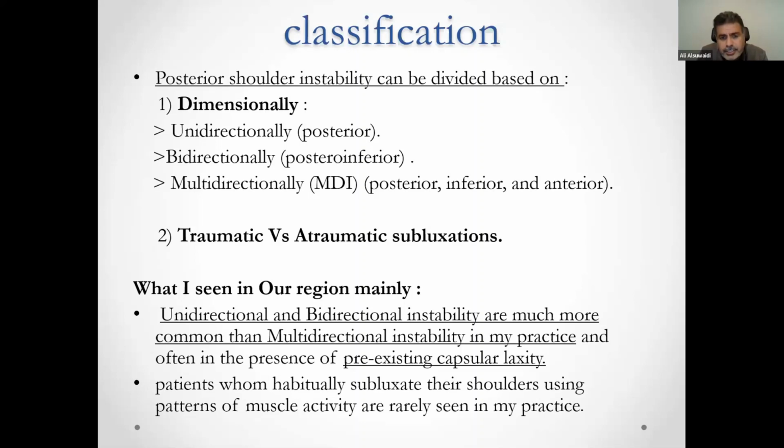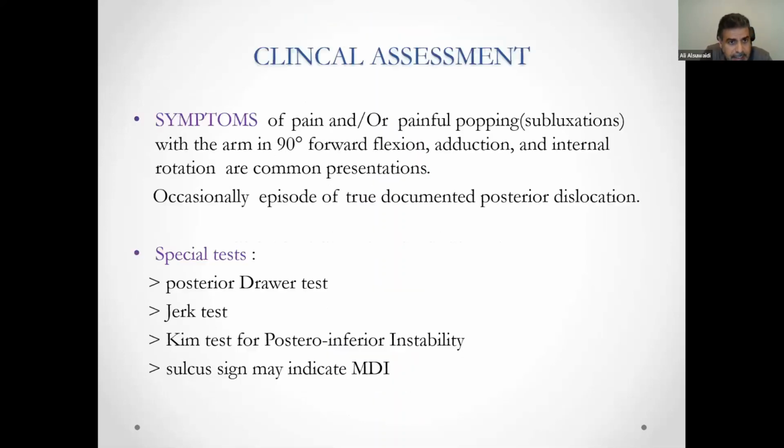What I mean by bidirectional is posteroinferior instability, and that is much more common in my practice than multidirectional instability. But even with those unidirectional and bidirectional cases, I often see pre-existing capsular laxity. People mention in the literature the habitually subluxating shoulder, but to be honest, I rarely see those in my practice.